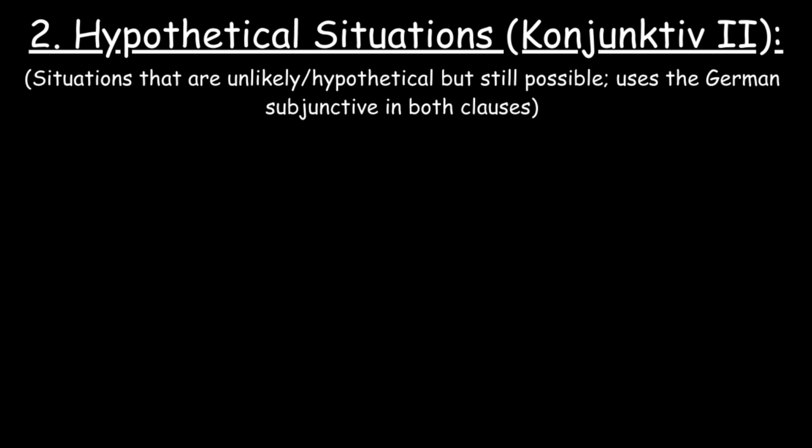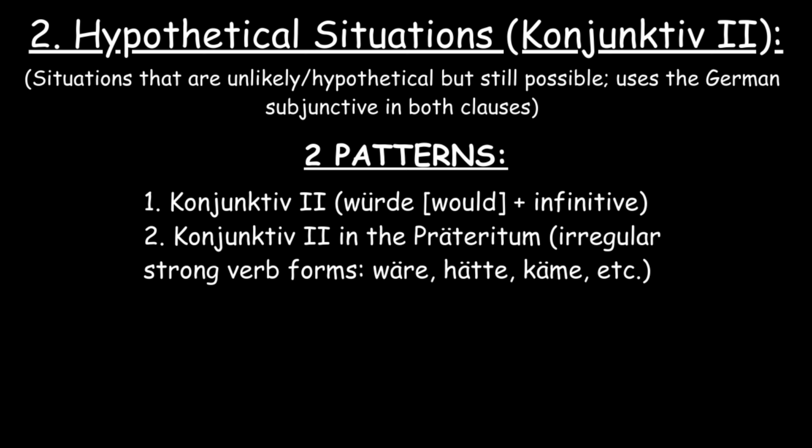The following conditional has two patterns. Using Konjunktiv 2 with würde, would, plus an infinitive, or using Konjunktiv 2 in the Präteritum with irregular, strong verb forms, like wäre, hätte, käme, etc. As I said, do not worry about the new words.